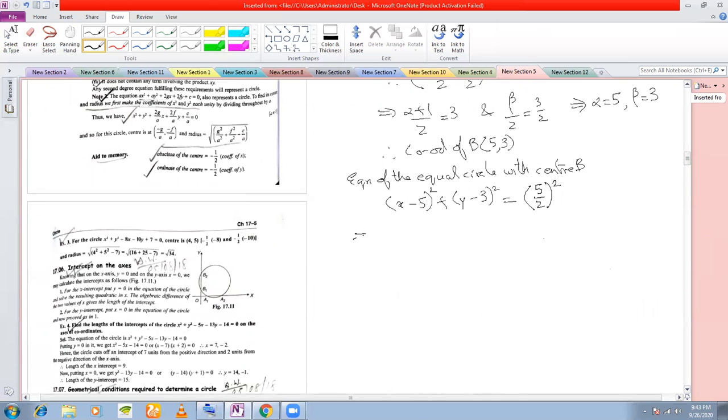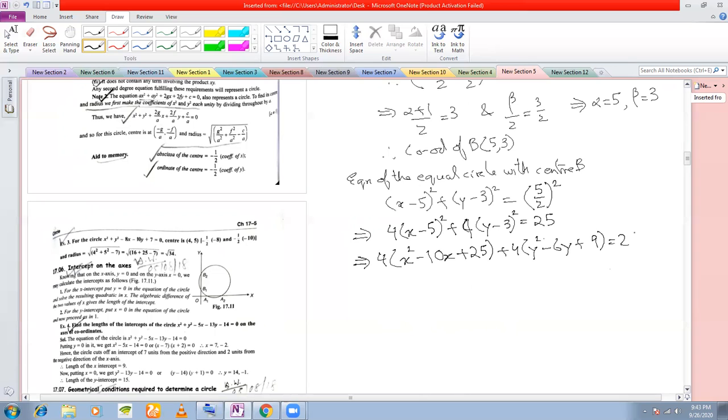Here you get 4 times x minus 5 whole square plus 4 times y minus 3 whole square is equal to 25. That means 4 times x square minus 10x plus 25 plus 4 times y square minus 6y plus 9 is equal to 25.